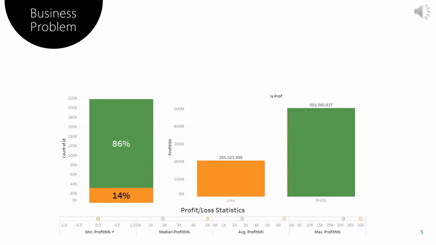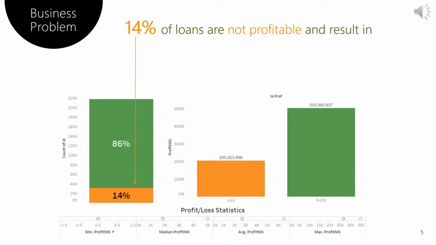The data that you see on your screen now represents over 217,000 loans that cover 2007 through 2013. And in terms of business problems, the thing that stood out to me is 14% of the loans represented in the data were not profitable.